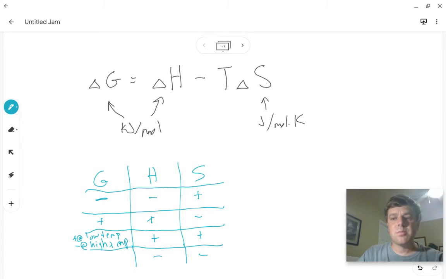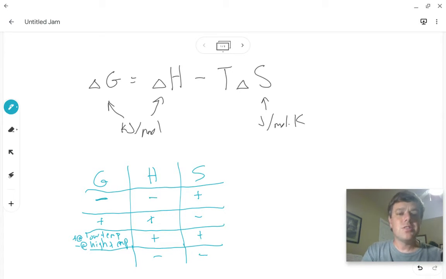And this is going to bring us back to the discussion question from yesterday, talking about the melting of ice, because that is an endothermic process. H is positive. It also increases entropy going from a solid to a liquid.